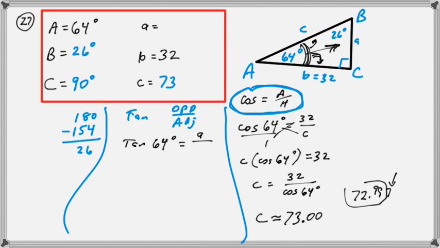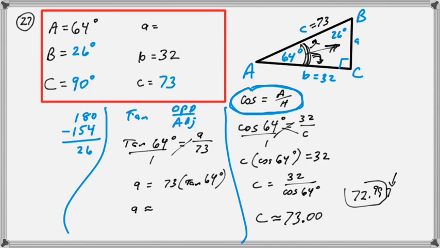Over the hypotenuse of c. But I think I know c now. c was 73, right? So when you cross multiply, a is going to equal 73 times the tangent of 64 degrees. Right. I'm going to punch that in my machine and see what it gives me.